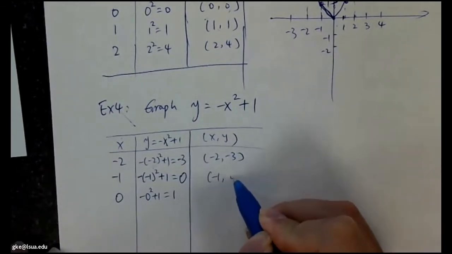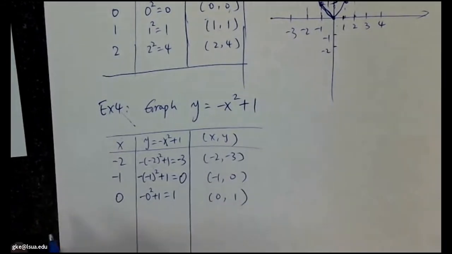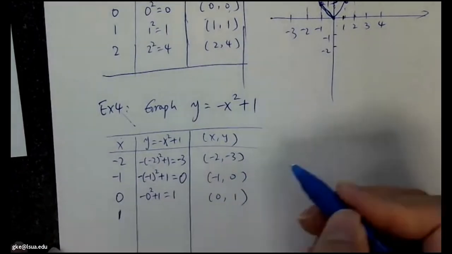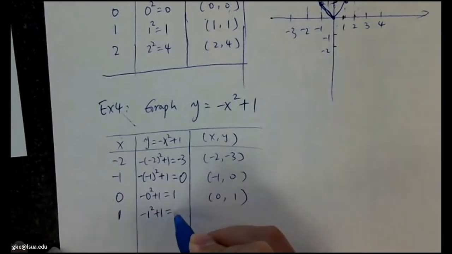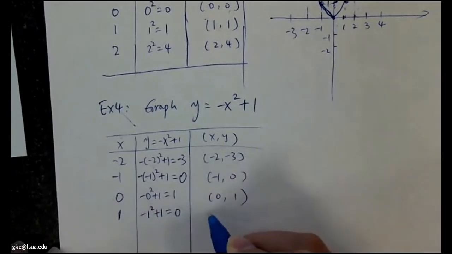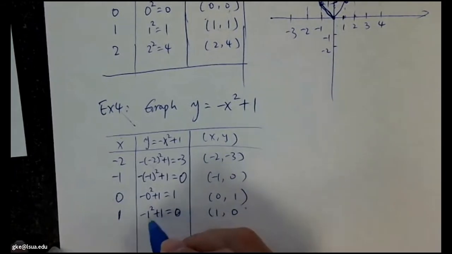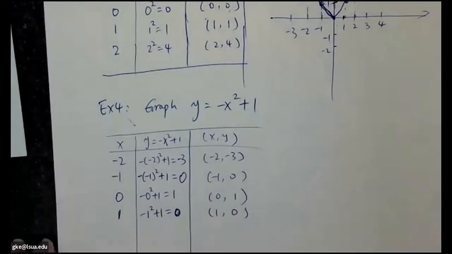Oh, here is (-1, 0). So it should be (0, 1). Now we want to pick x equals 1, for example. That is 0. (1, 0), right?